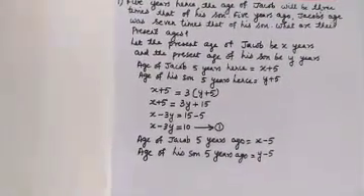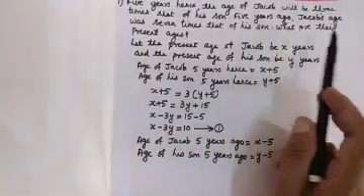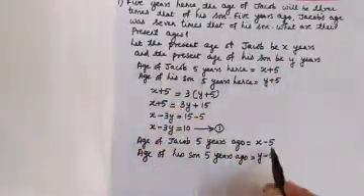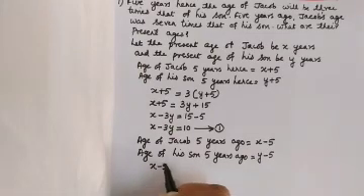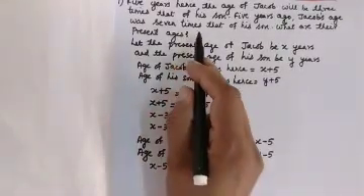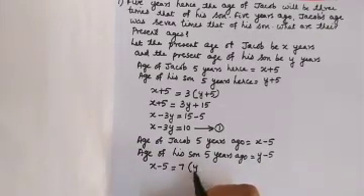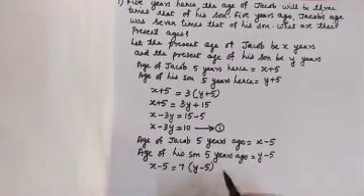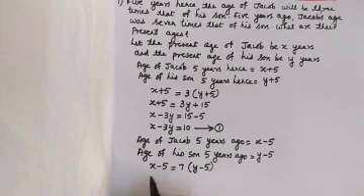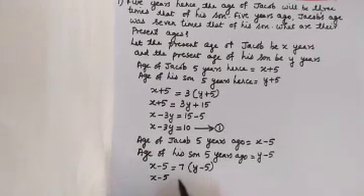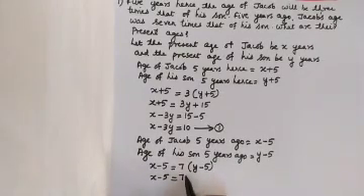Now here it is given 5 years ago Jacob's age was, so Jacob's age is x minus 5. It was 7 times means 7 into that of his son, y minus 5. Now you have to expand this. So x minus 5 is equal to 7 into y, 7y minus 7 5s are 35.